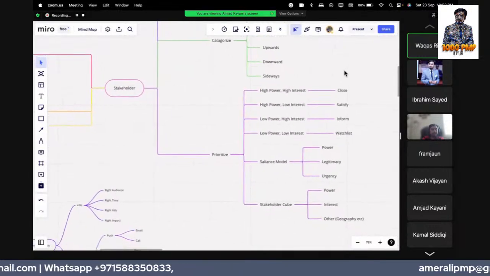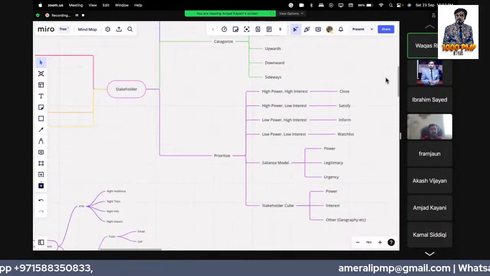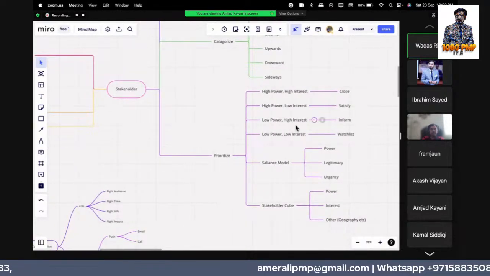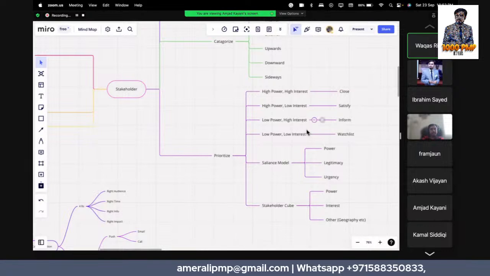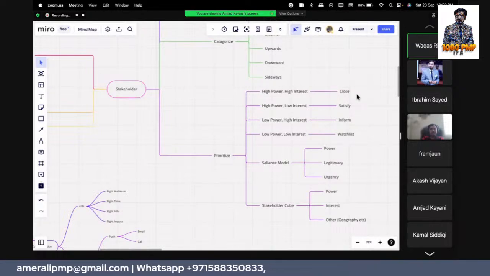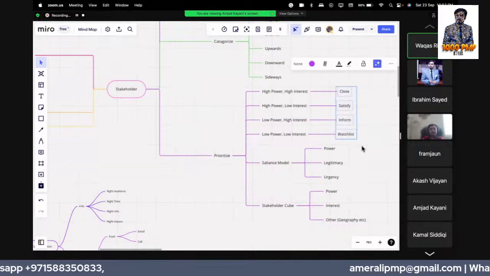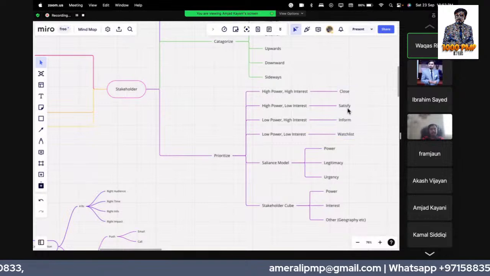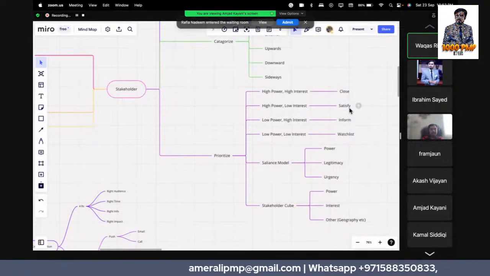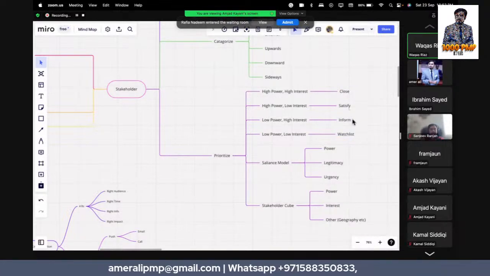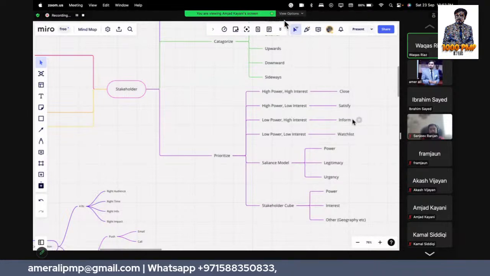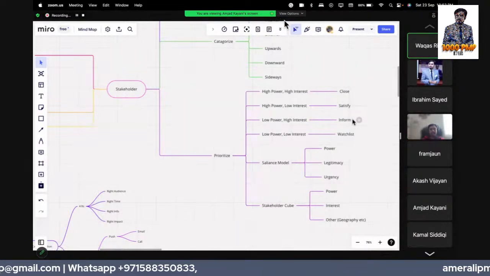We do it by high power high interest, low power low interest, high power low interest, and low power high interest. High power, high interest are the team members, whom we manage closely. High power, low interest are the CEO and government departments, whom we keep satisfied. Low power, high interest are the competitors, whom we keep informed.